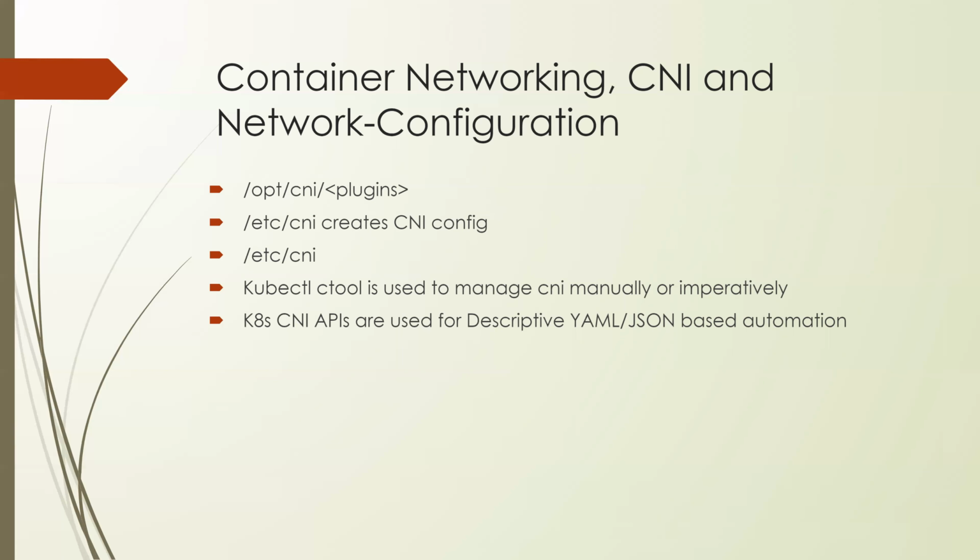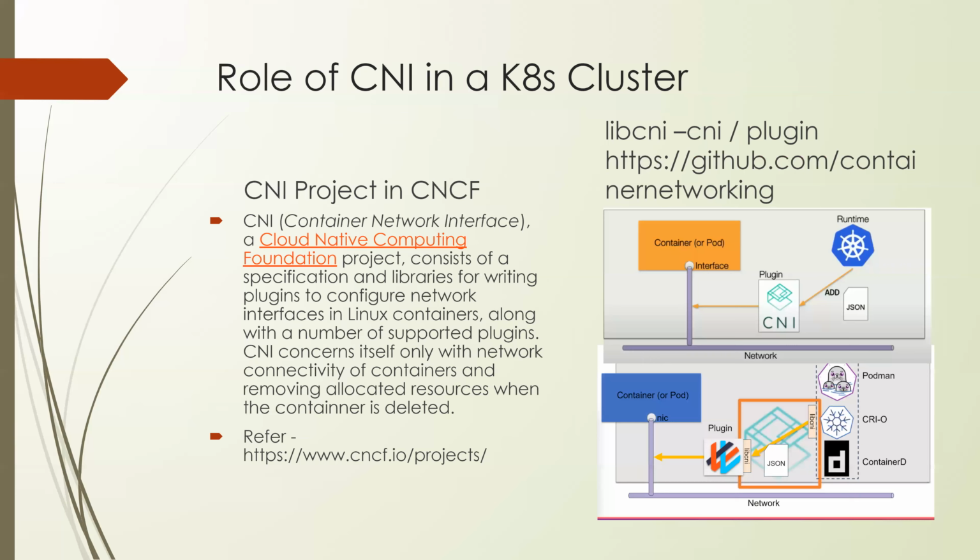That is imperatively doing anything we want. But if you look at the Kubernetes CNI API, those are the ones which are declarative, which can be used as YAML or JSON based automation, declaring the pod network through the API. And so the external API, which comes through the Kubernetes API we saw earlier, we can go back and check what we were talking about.